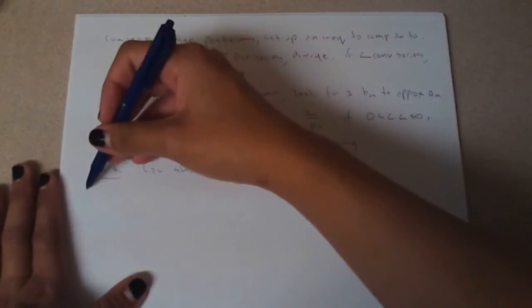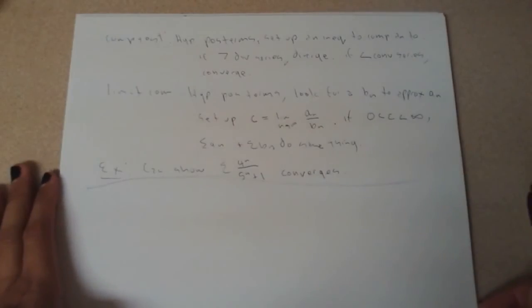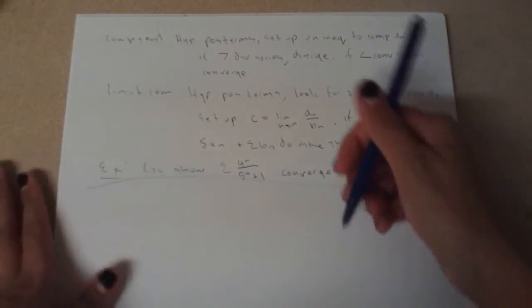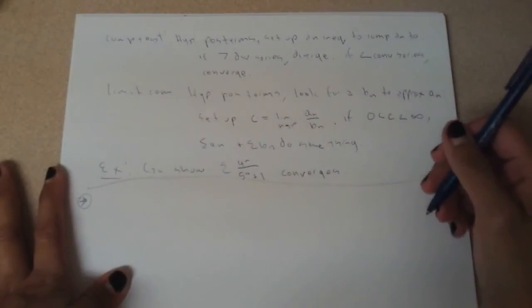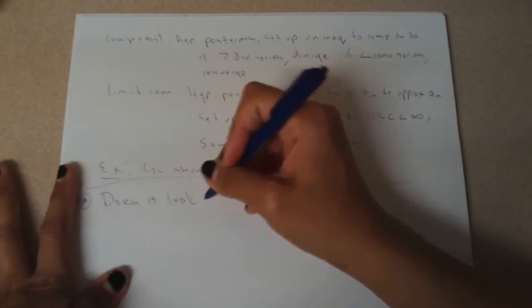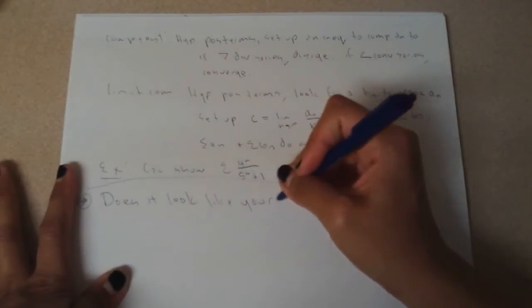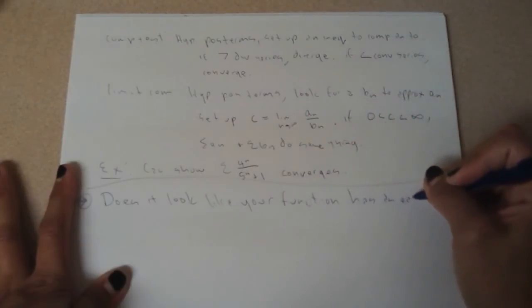Now, last of the tests, this is actually one of the first ones that we did in class. I mentioned these were kind of more generic function types. I'll ask, does it look like your function has an easy integral?